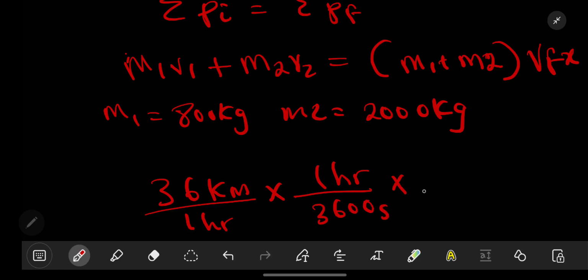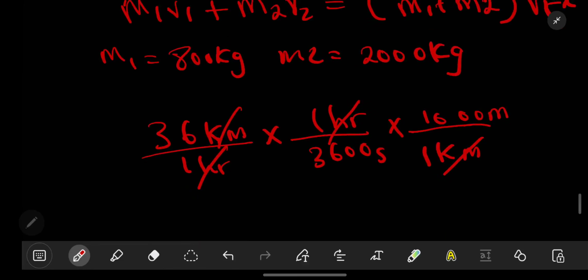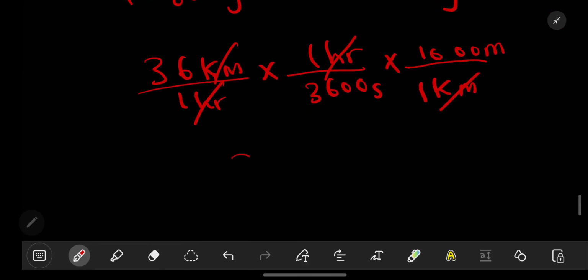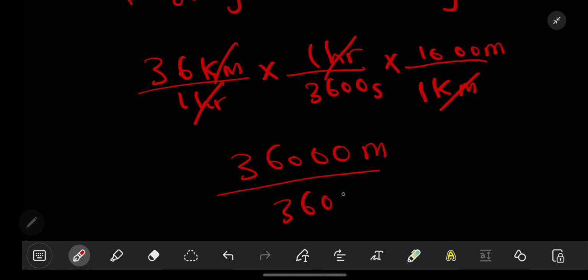The hours cancel. In 1 kilometer there are exactly 1,000 meters. So we have 36 by 1,000, which is 36,000 over 3,600 seconds.